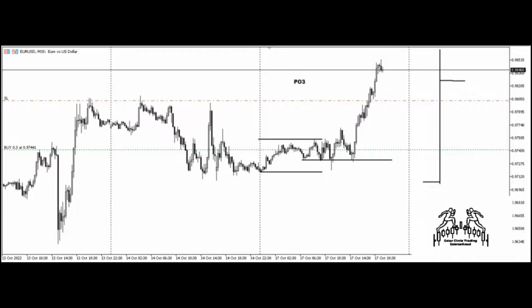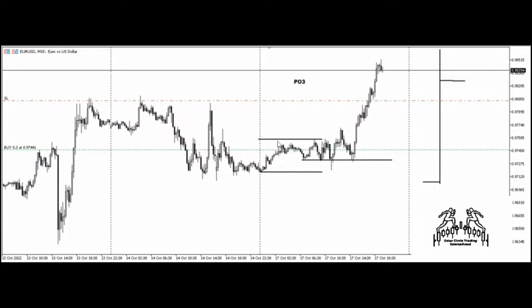As I told you, guys, power of three starts with accumulation, then there's manipulation and expansion, and then there is distribution and the market closes. When you're trading the euro, GBP or USD pairs, any USD pairs, even major pairs like GBP JPY, you want your accumulation happening around the Asian session.